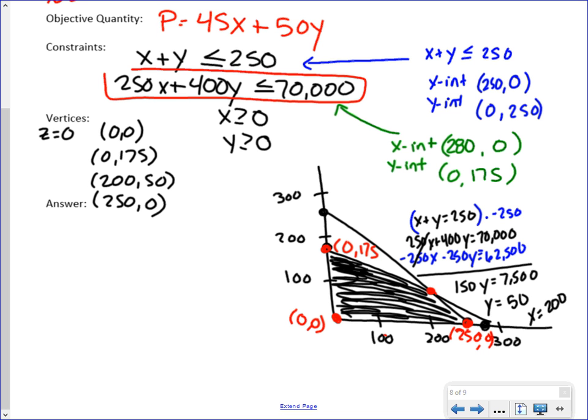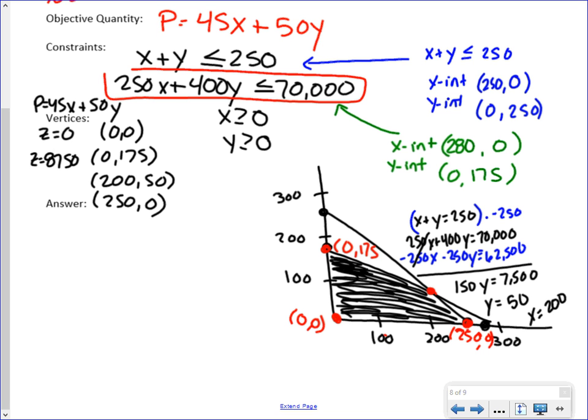This time I plug in (0, 175) to our objective function. What is it? Okay. We're plugging into 45x plus 50y. And you're just plugging in your coordinates.